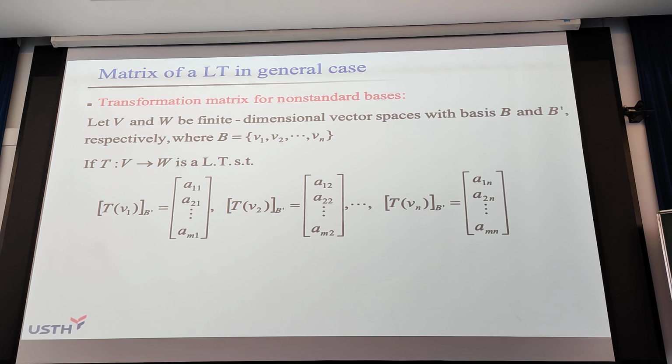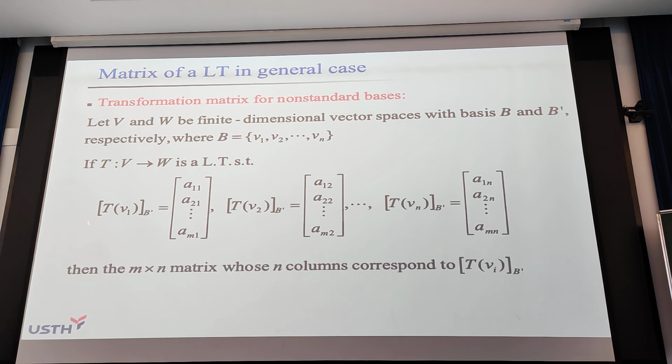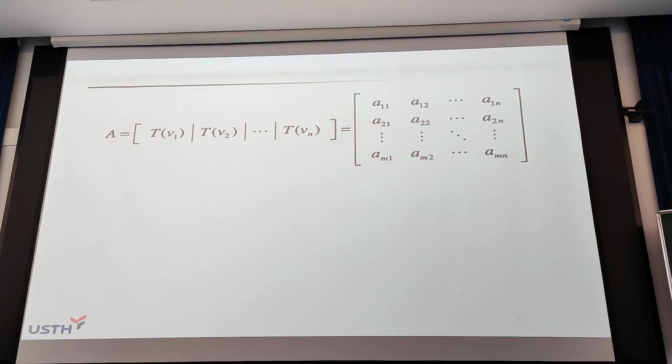So in this way, you get n columns. And once again, we put them side by side. Then the m by n matrix, which has n columns, is A. Now I put them together, and that will satisfy the coordinate of T of v relative to B prime equals A multiplied by the coordinate of v.